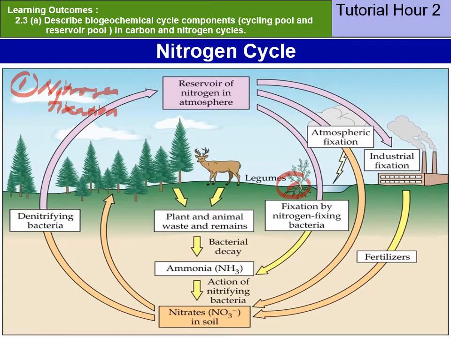These bacteria, or microorganisms, have the ability to use free nitrogen from the air and change it into nitrite, and subsequently into nitrate. These are then released into the soil and become available to plants.